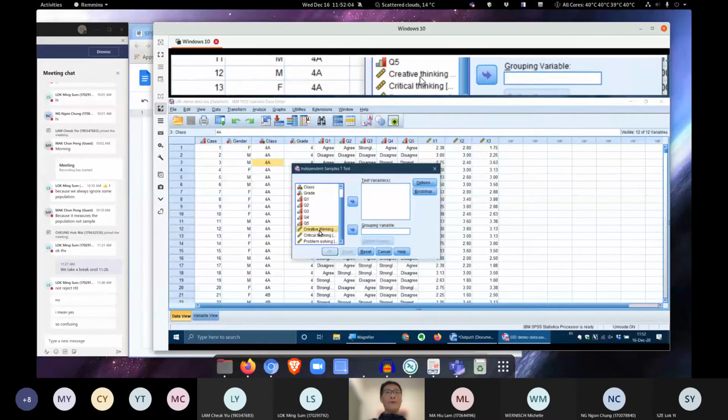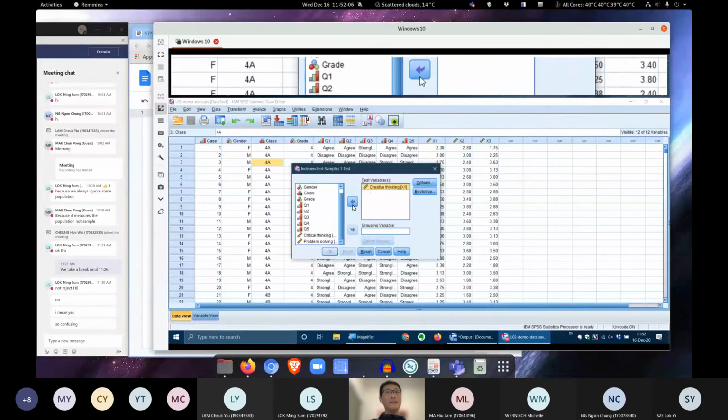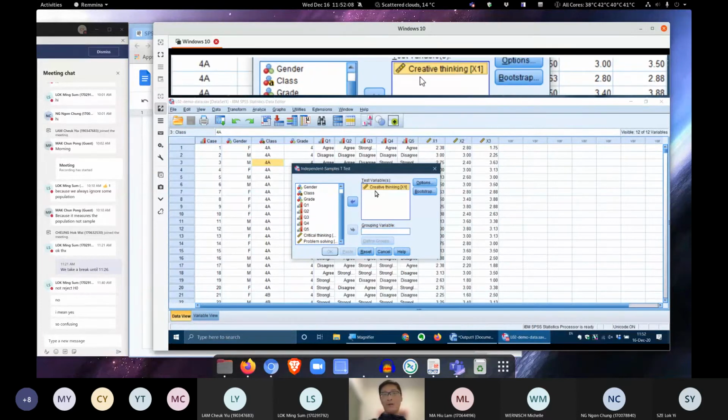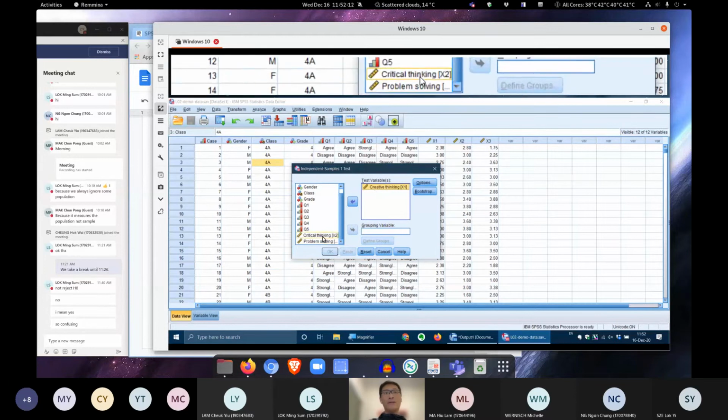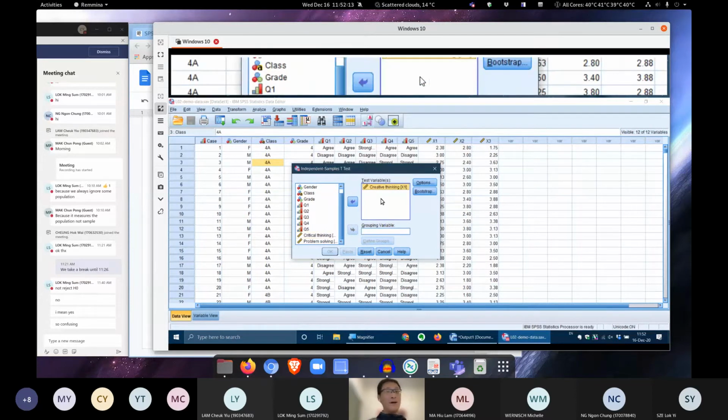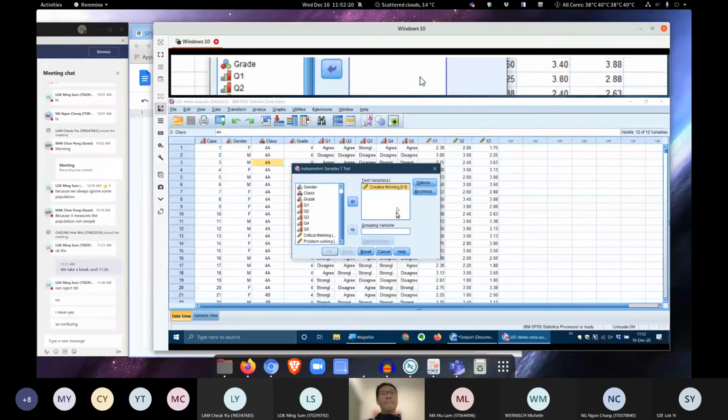Now, first of all, I put the variable to be tested on the right-hand side, just like what we have done before. Again, you can put all these variables here and SPSS will do all of them, but for simplicity, let's just use one of them.